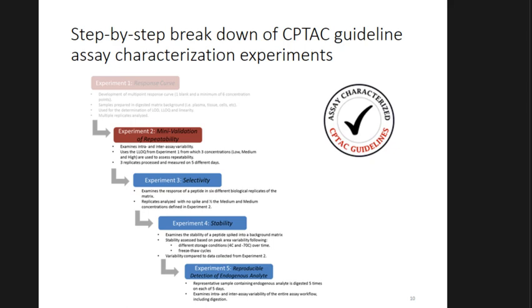So experiment 2 is what the CPTAC working group calls a mini validation of repeatability. So you may notice that these boxes are in different colors.